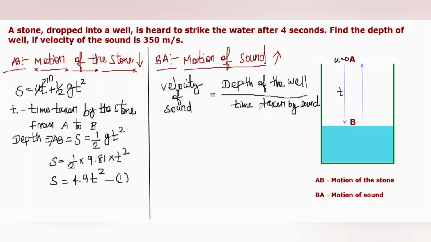Here we are going to calculate the time taken by the sound. Already we considered t as the time taken by the stone from A to B. Here it is the time taken by sound from B to A.